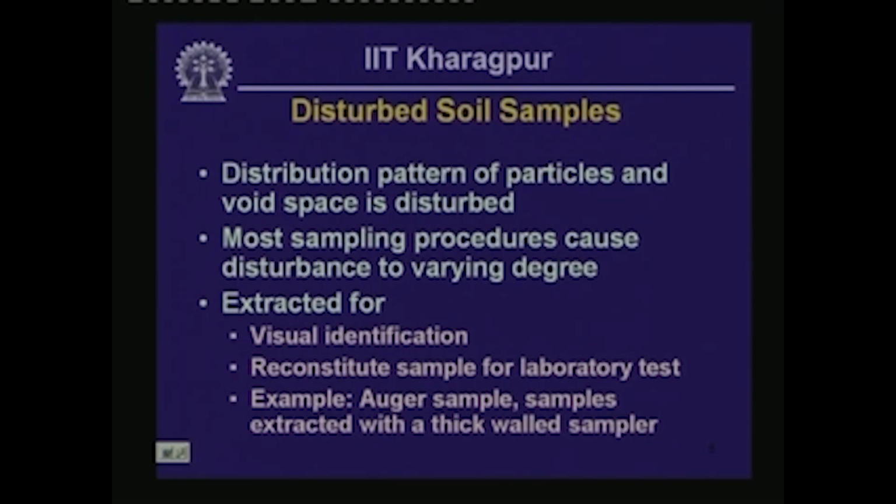sampling procedure. So that is disturbance, and disturbance could be caused by the insertion of the sampler into the ground. It could also be caused by the unloading that takes place during the drilling procedure itself, or the lack of confinement which vanishes as a result of the drilling procedure; that itself causes an unloading, and that will translate into disturbance.